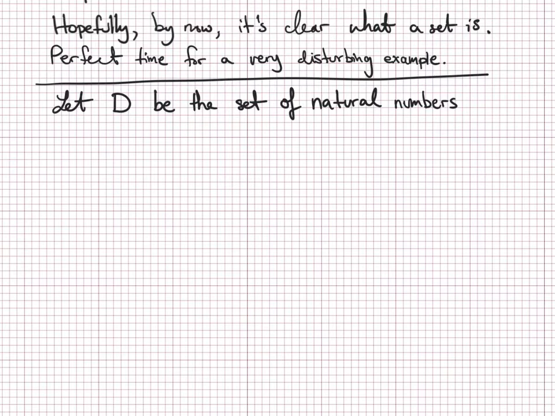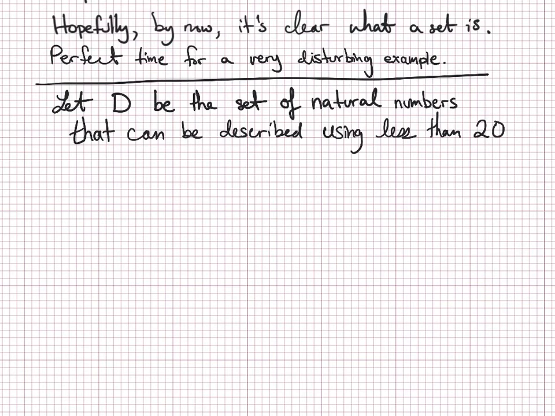But the condition is, let D be the set of natural numbers that can be described using less than 20 English words.